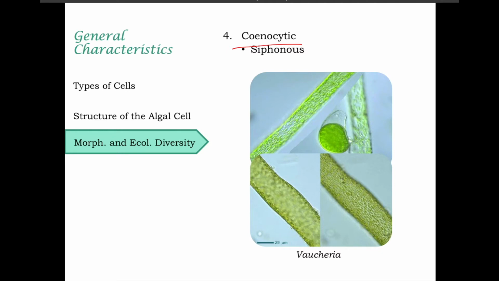So for your coenocytic or your siphonous types of algae, there are tubular filaments. This usually looks like a tubular filament that lacks transverse cell wall. What do we mean by that?